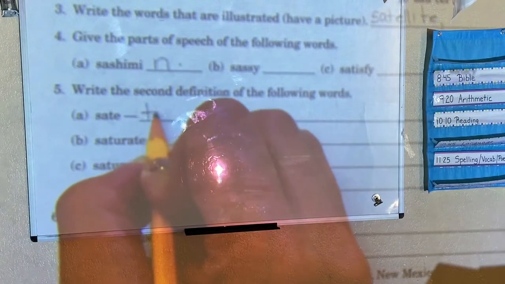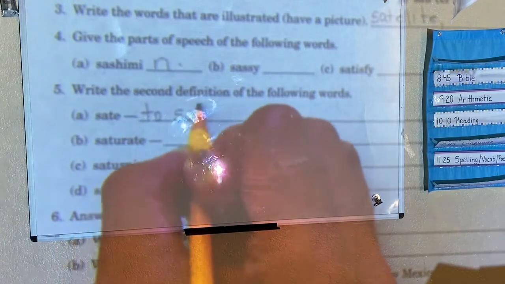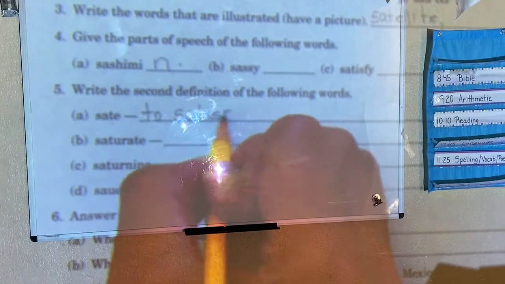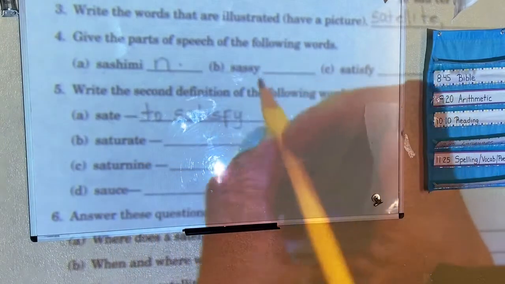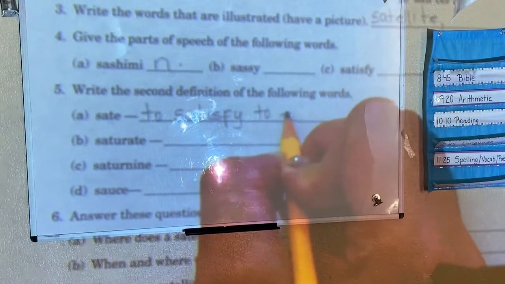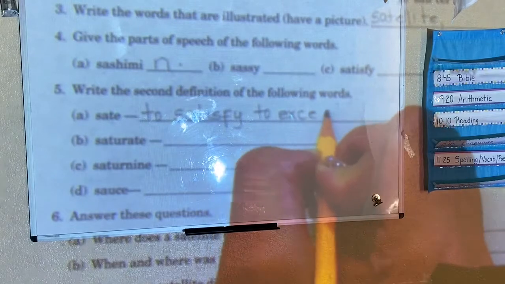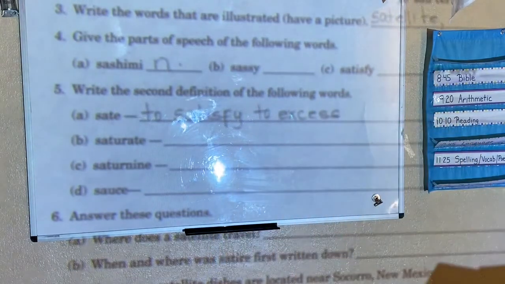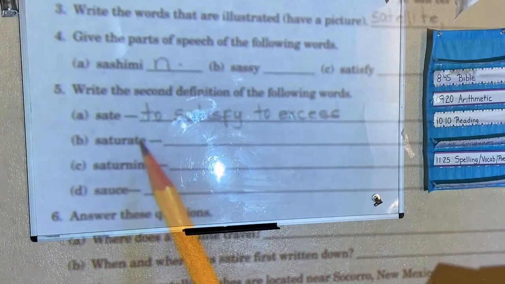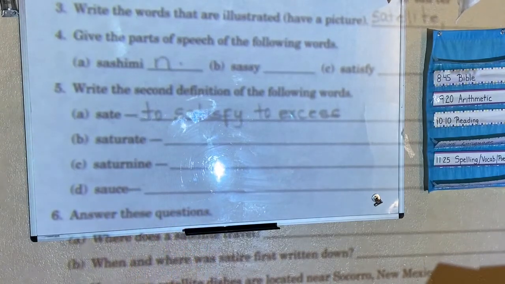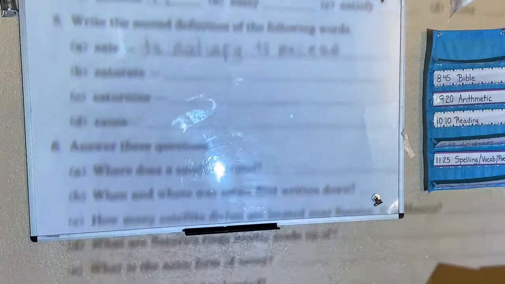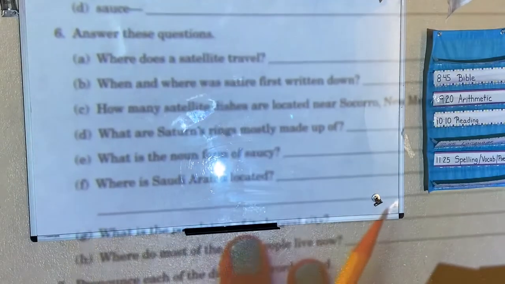So we write to satisfy to excess. Okay? And then you would go ahead and look for the definitions for B, C, and D. You're going to do that on your own, where I'm just doing a few of them.